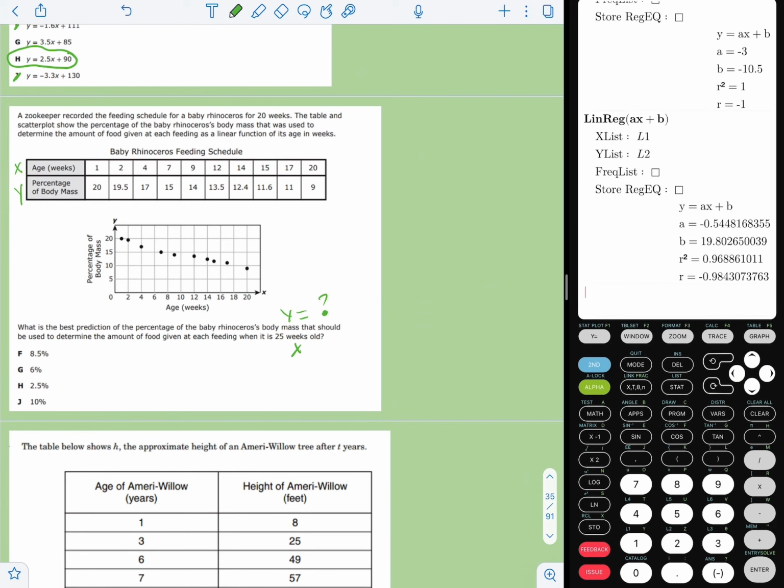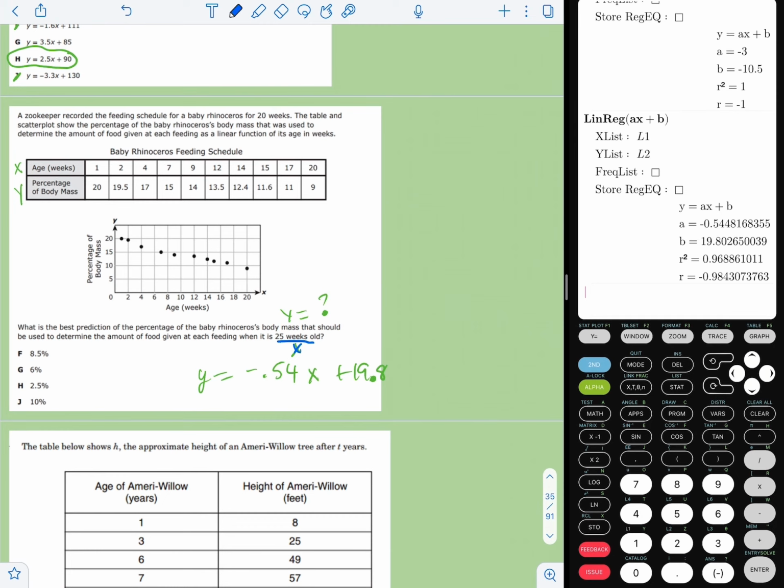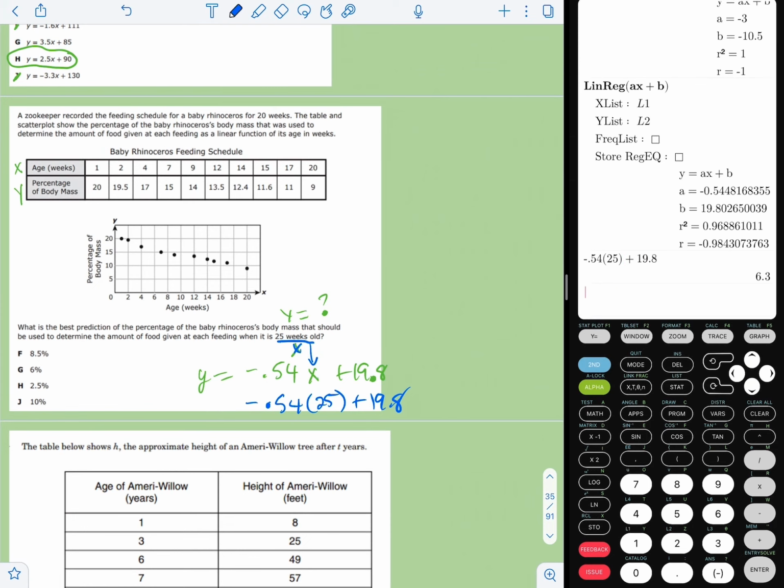Notice down here we're given y is equal to negative 0.54x plus 19.8. We're going to plug in for this x that 25 weeks, so that it's negative 0.54 times 25 plus 19.8. And that's 6.3. So there we are.